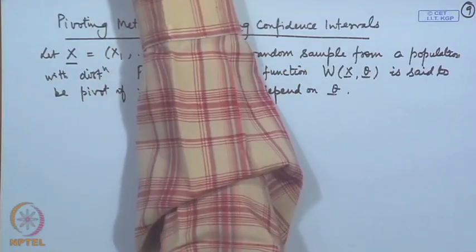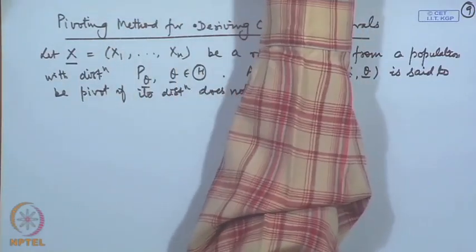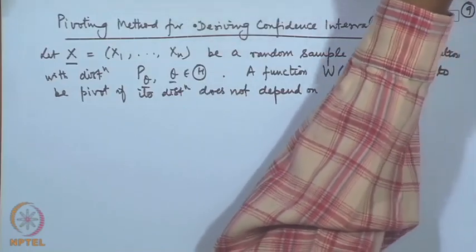So, in the pivot method, we consider a quantity which has a distribution independent of the parameter. At the same time, the pivot must include the random variables as well as the parameter in such a way that by resolving the inequalities, we are able to get an interval, that means on one side we get the parameter and on the other side we get the quantity which is dependent upon the variable.